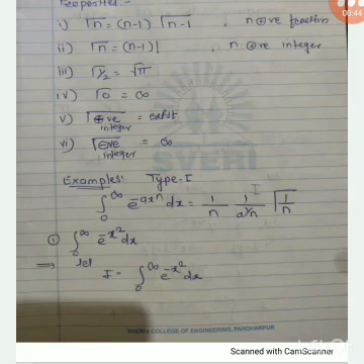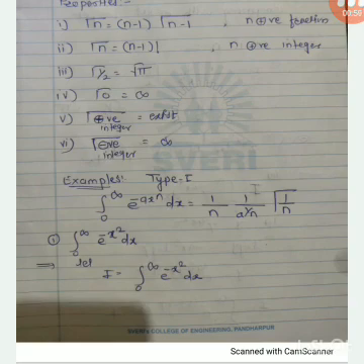Notations I have written there. Gamma n is equal to the integral from 0 to infinity of e raised to minus x, x raised to n minus 1 dx. Remember, n should be greater than 0, a positive number.